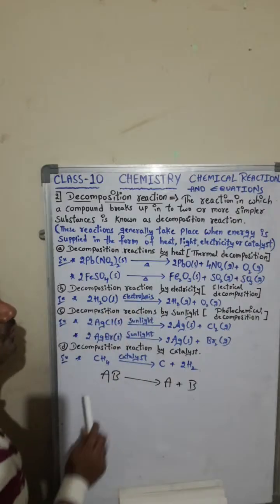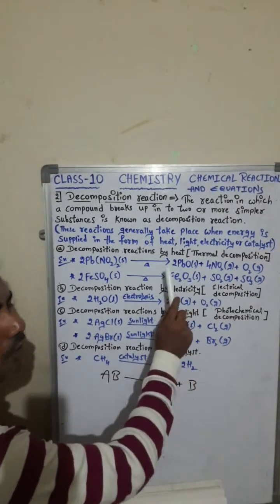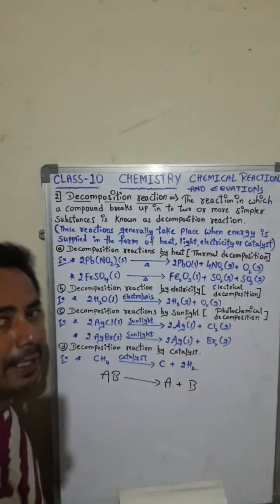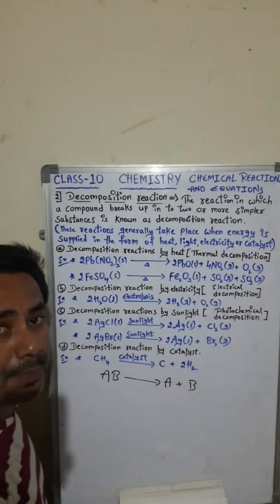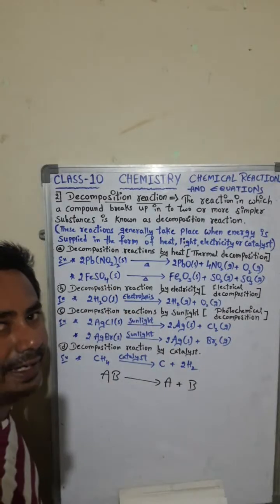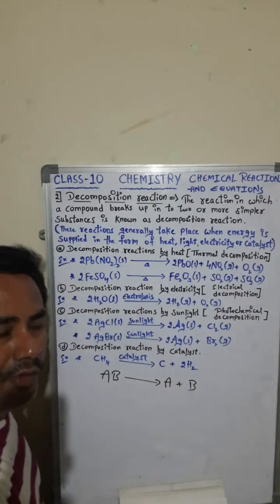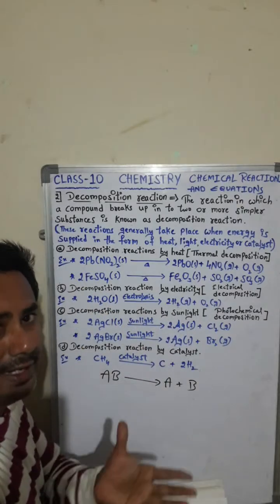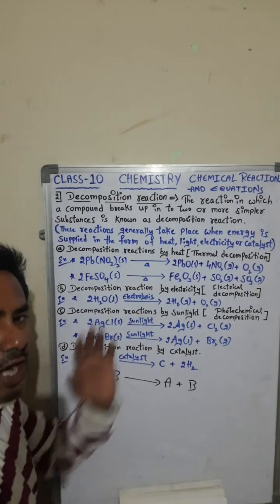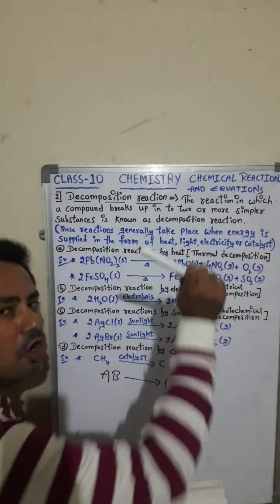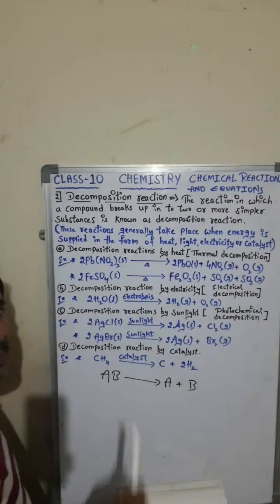When we heat this one, what happens? Lead oxide, PbO, nitrogen dioxide and oxygen are separated. The reactant is lead nitrate. When we heat it, lead oxide, nitrogen dioxide and oxygen will form. Why am I explaining this?